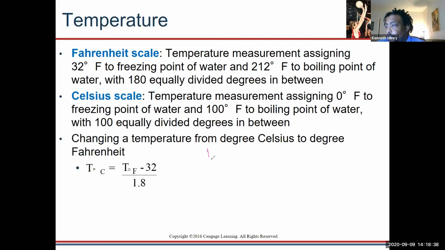Okay, so 63 degrees Fahrenheit. Man, it is so cool there. Okay, so let's go ahead and plug that into this equation. So we go 63 minus 32 divided by 1.8. And this is going to give us our temperature in Celsius.